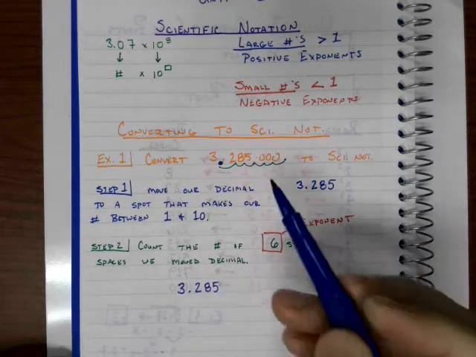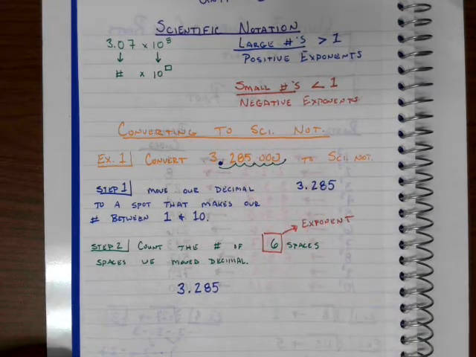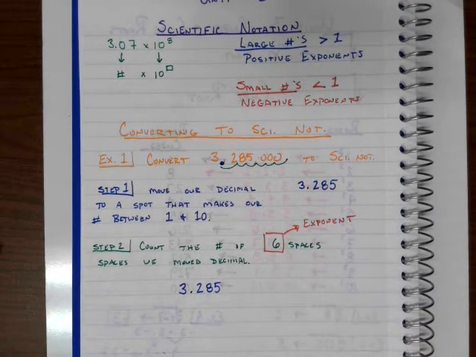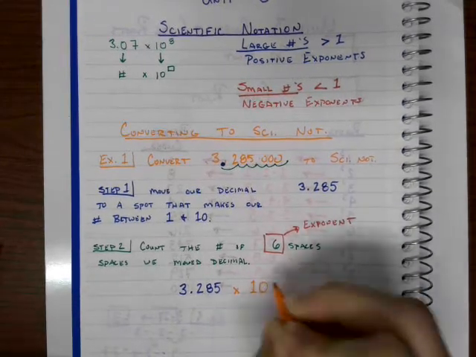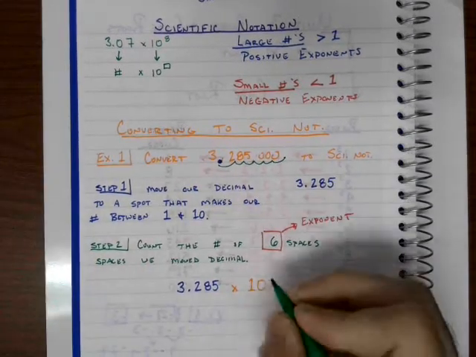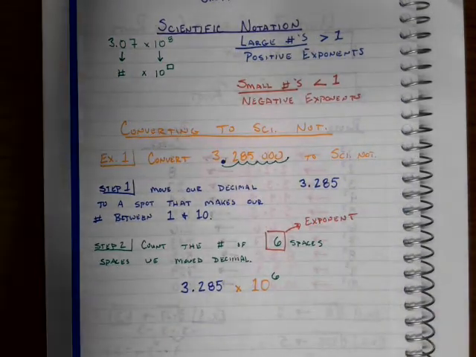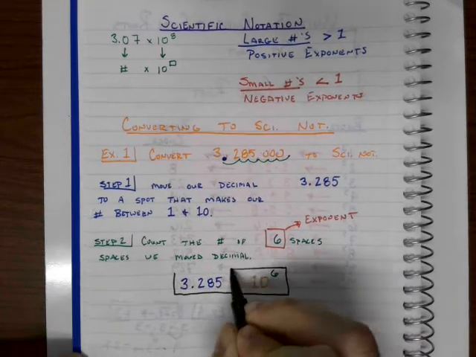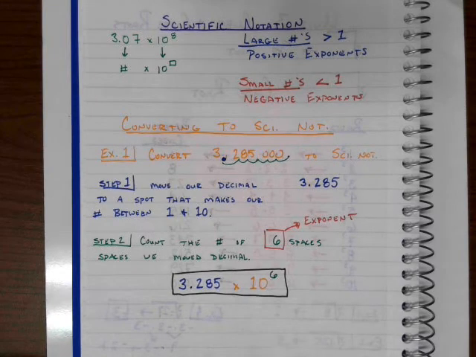You don't have to put these zeros. If you do, you're not wrong. Times 10 to the 6th power. And that will be your final answer. You converted that number to scientific notation.